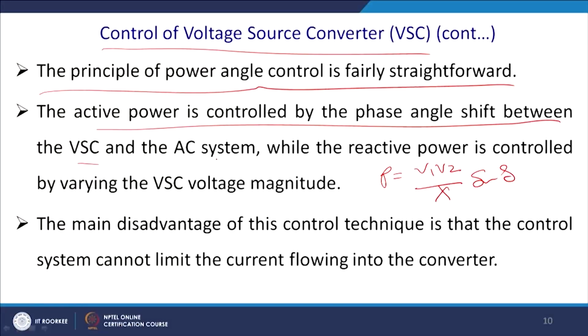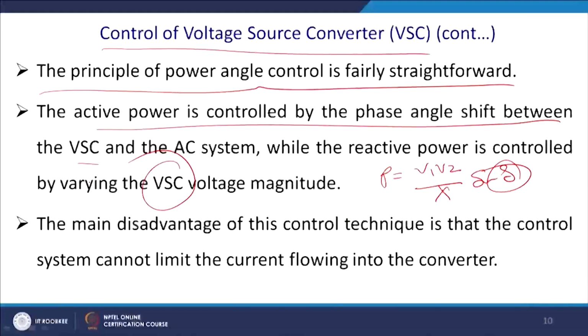So, if you want to send power, you change this angle within 0 to 90 degrees. The challenge is that if it is a short transmission line, generally the phase angle is very small. While the reactive power is controlled by varying the VAC voltage magnitude. Generally the same thing we have done in case of the rotating machines.